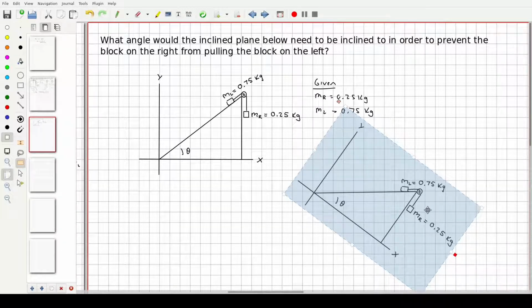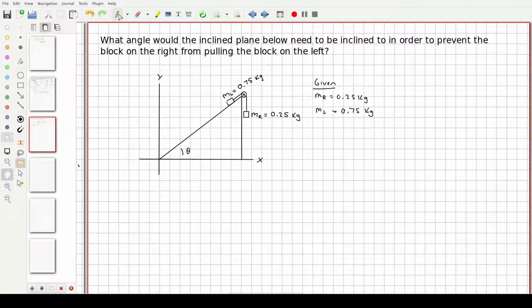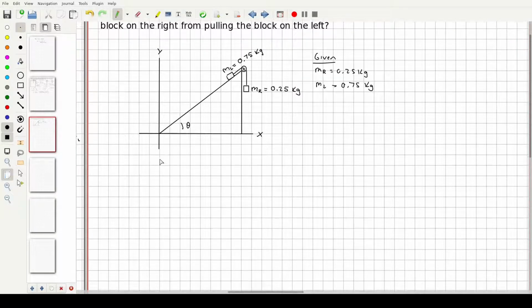Now, why would it not affect MR? Well, remember, ropes and cables and strings convey force. As this goes up and down, this is always pointing straight down to the ground. So, here's what we're going to do. We're going to redraw our picture and we're just going to look at the behavior of ML.